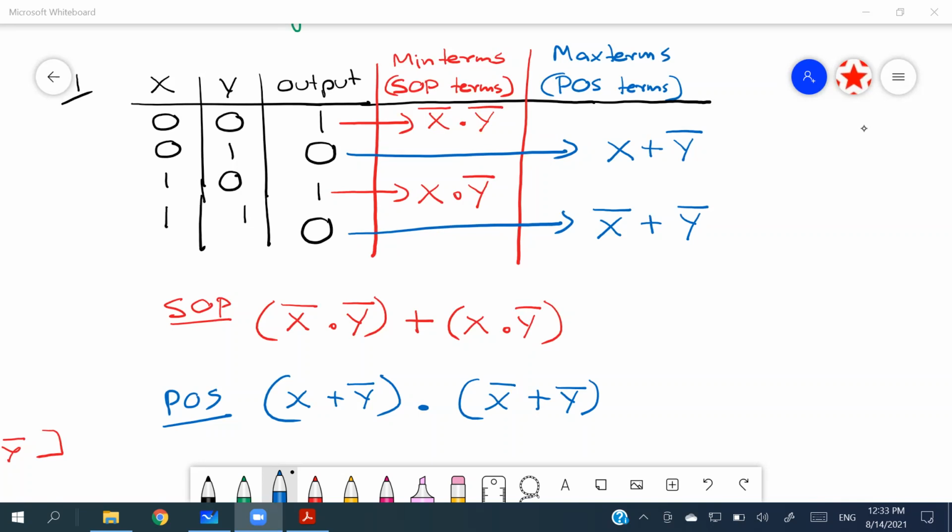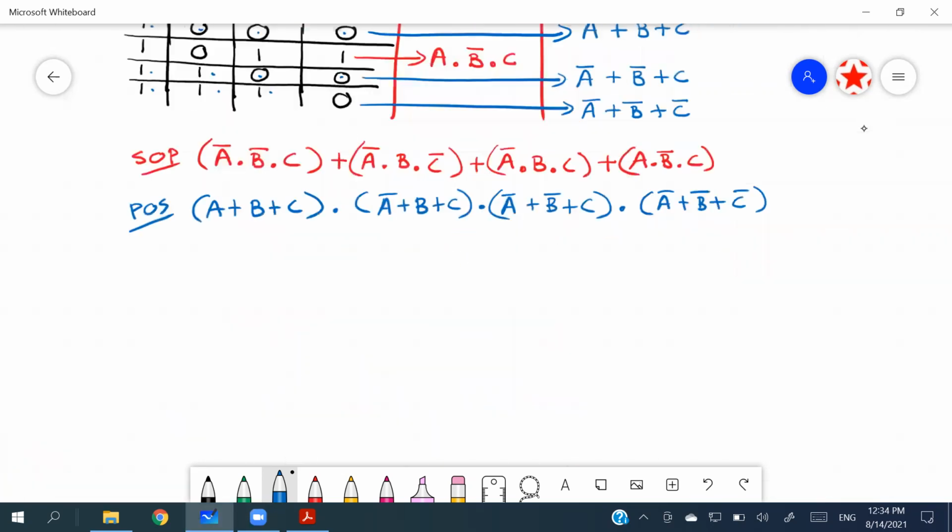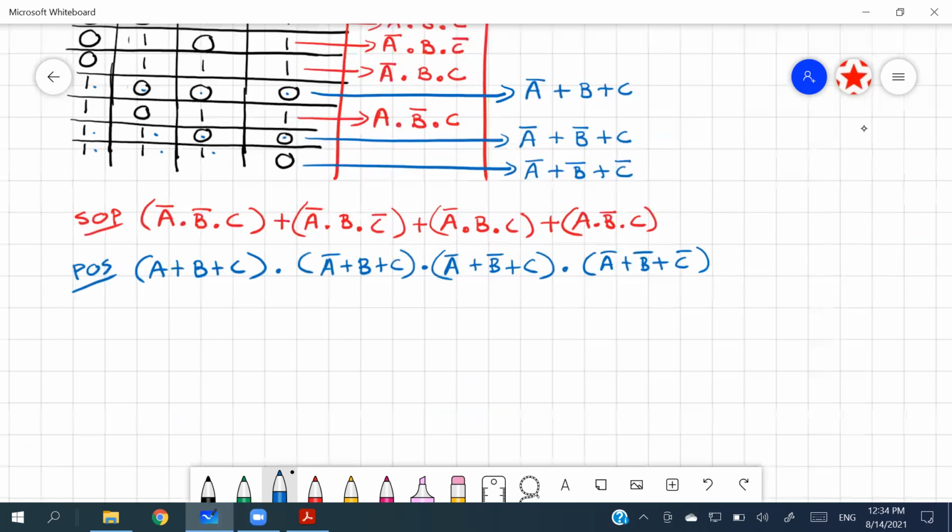So remember, whatever expression you are going to derive from a truth table is always going to be a standard expression. There won't be any non-standard expressions derived from truth tables. Now, if you look at the next one, it is also a standard one.